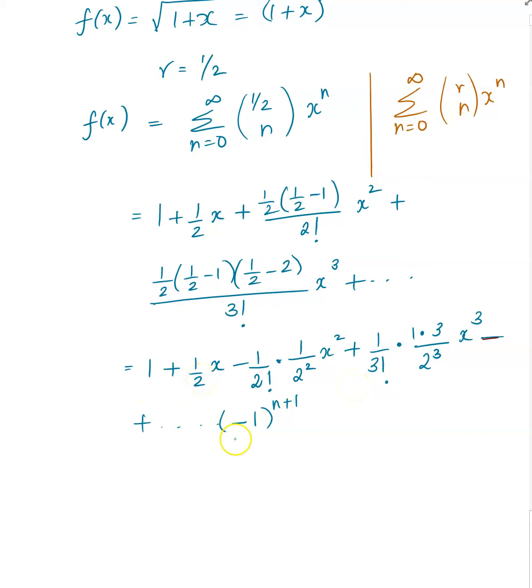So we have that over n factorial times 1 times 3 times 5 times 7, etc., up to (2n minus 3) over 2 to the power n, x to the power n, and so on. Again, you'll have to look at more terms to begin to determine the pattern. Okay, so this is what we get.